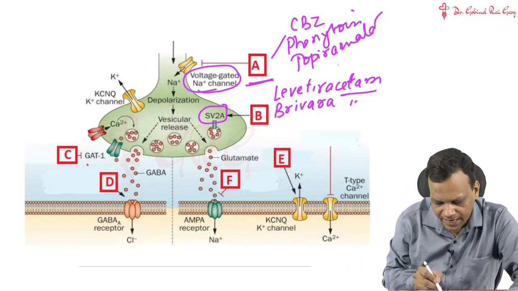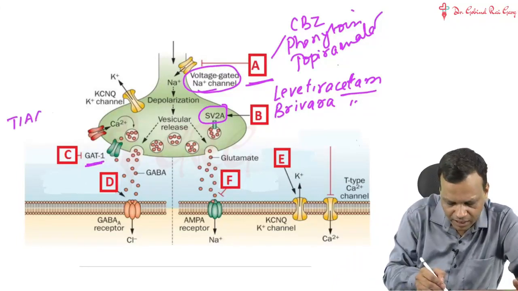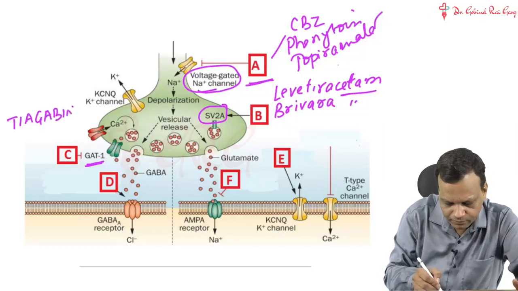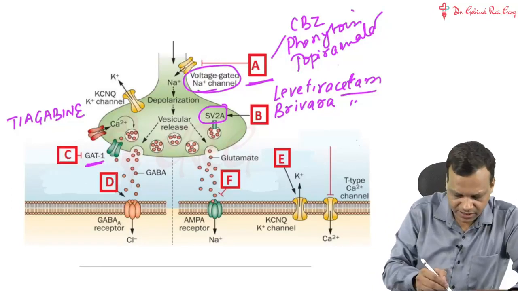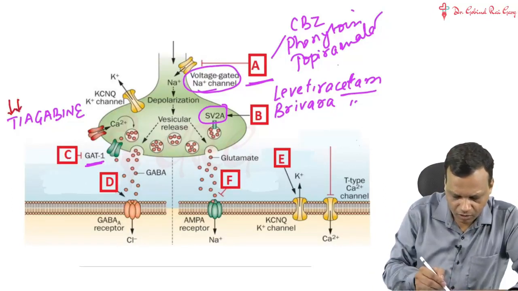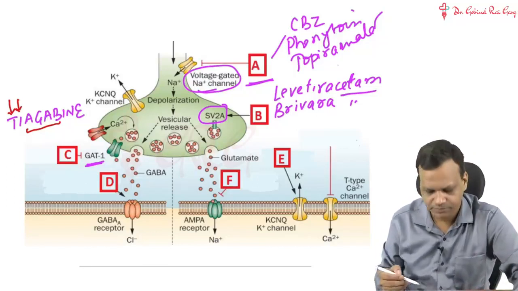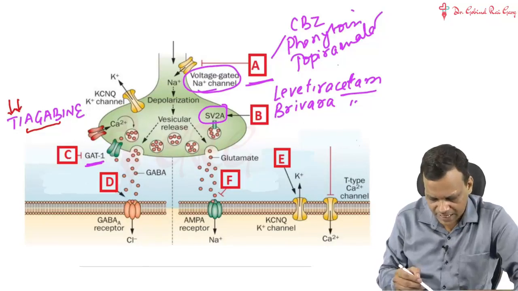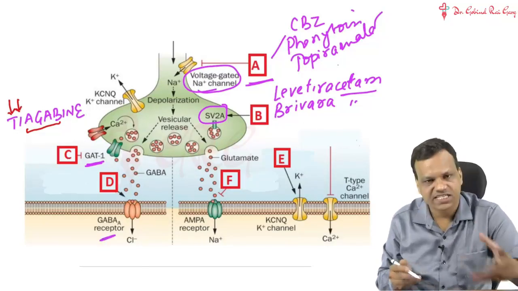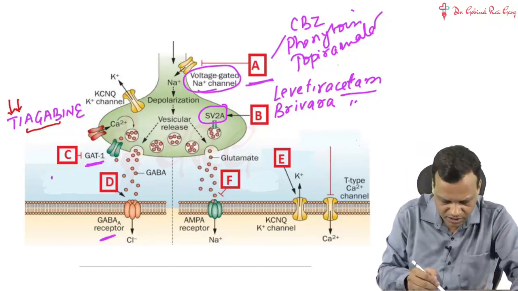Then coming to C, GAT1, GABA transporter 1 is inhibited by tiagabine. As the name tells, tiagabine is a transport inhibitor of GABA. Then D, the drugs which act on GABA receptors, or we can say channels, the GABA chloride channel. The drugs which work here are barbiturates and benzodiazepines.